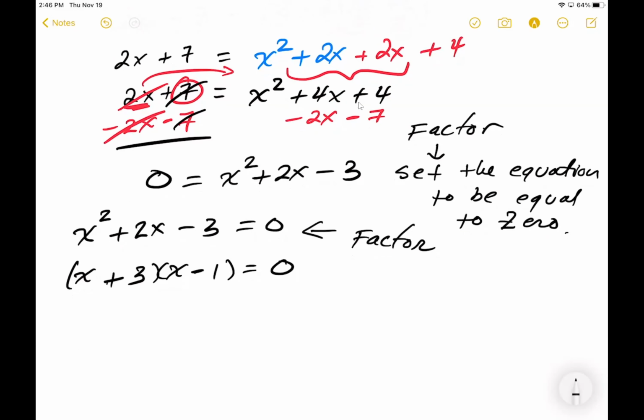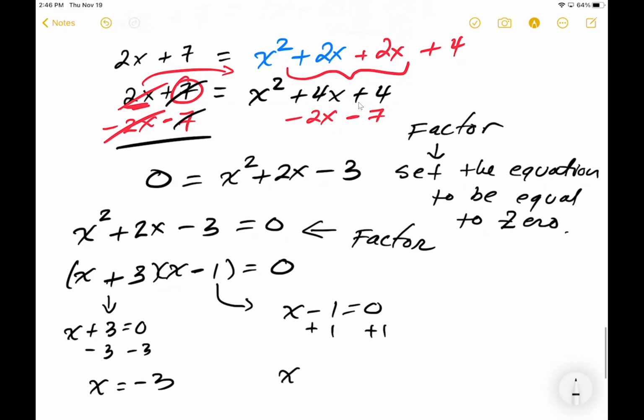And looking at this, we are not done, because now we haven't solved it yet, right? The x is not by itself. In order to get x by itself, I take the first parenthesis and set it equal to 0 to give me x plus 3 equal to 0. So I need to minus the 3 to give me x. In the other, I have x equal to 1.